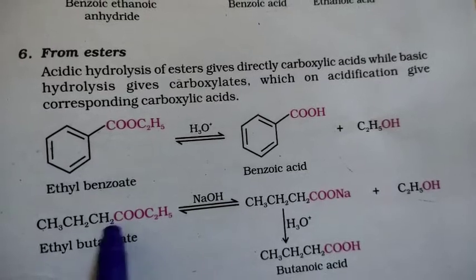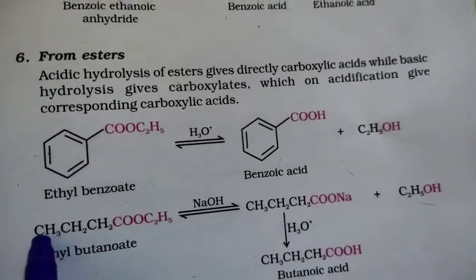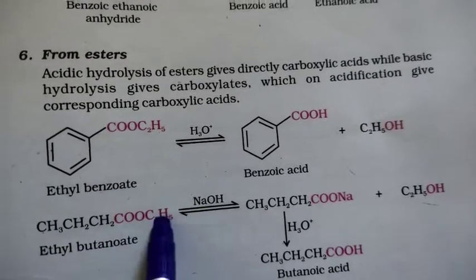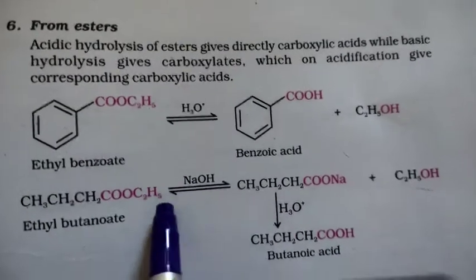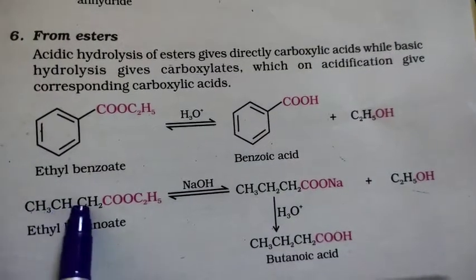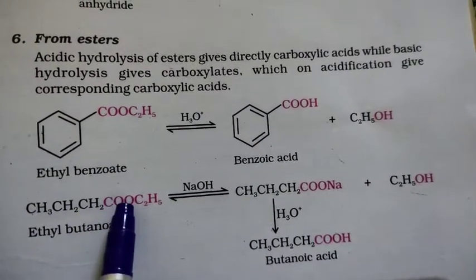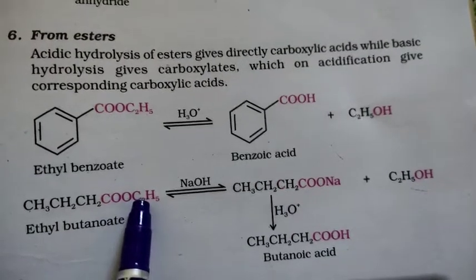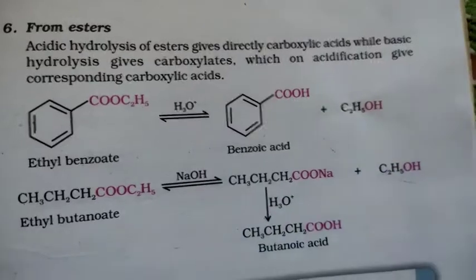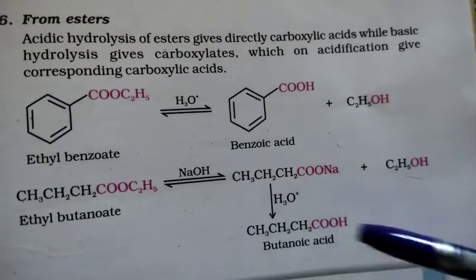You see the left hand portion has the longer chain of carbon, so this is to be converted into acid and the shorter chain is converted into alcohol. So you will get CH3CH2CH2C double bond OH, right, and C2H5OH. So here also ethanol is the byproduct and this is the butanoic acid.